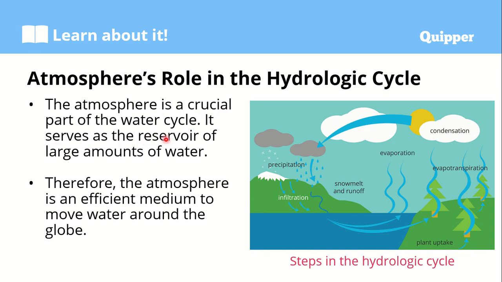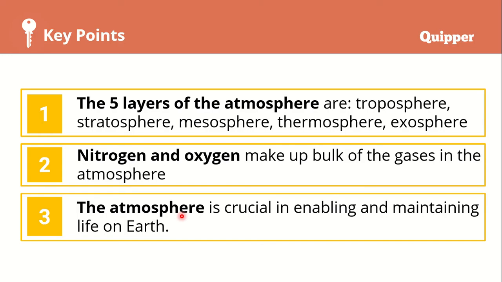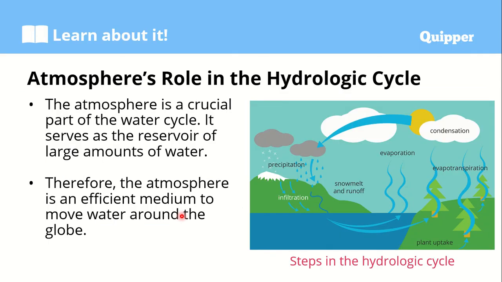It serves as the reservoir of large amounts of water. Therefore, the atmosphere is an efficient medium to move water around the globe. Okay? So, kasi nga, the processes that are involved in the water cycle or the hydrologic cycle are the evaporation, the condensation, and the precipitation.